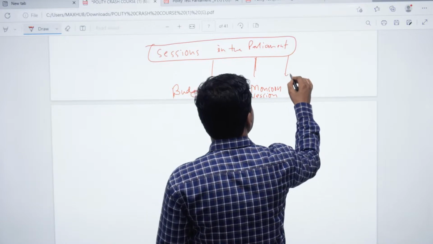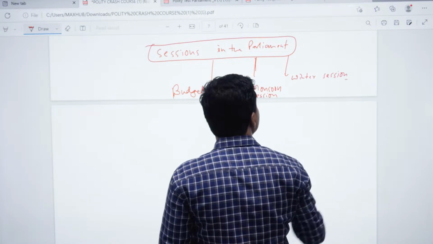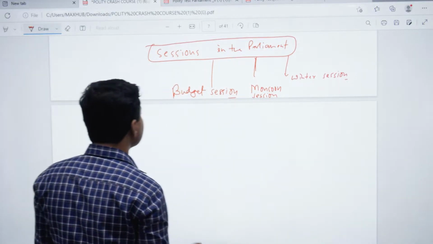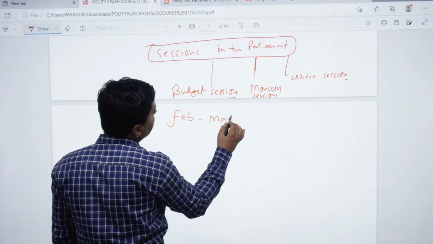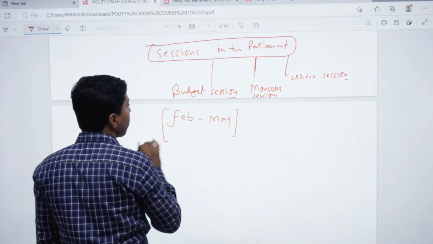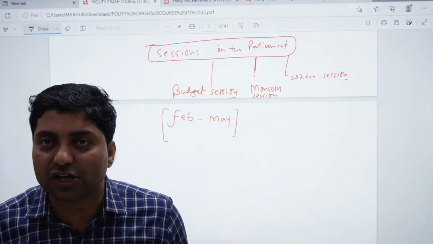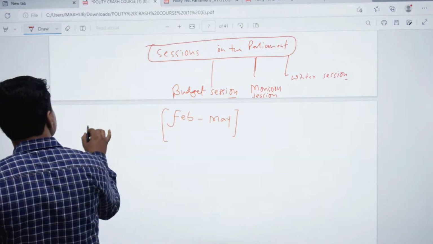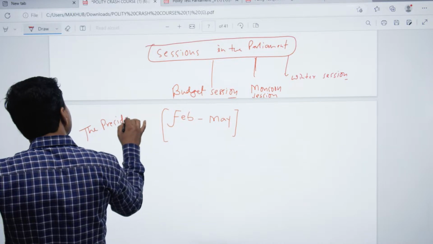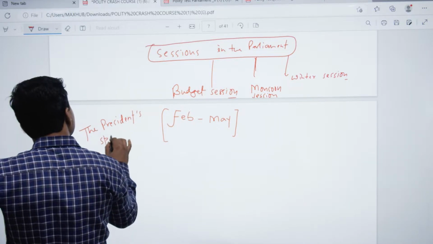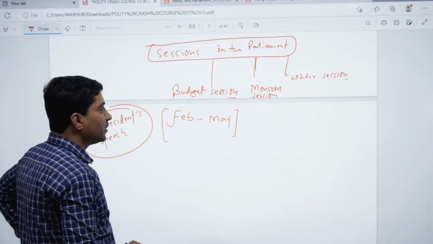And third is called winter session. Now the budget session starts in February and continues till May. This session starts with the President's speech.